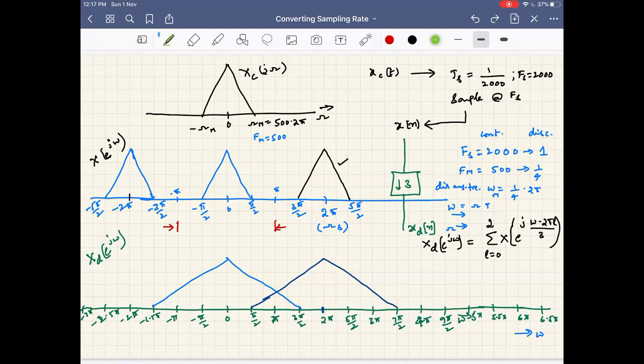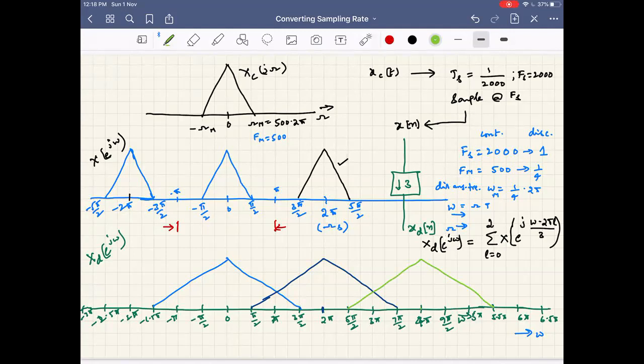So it has to come at 4 pi. At 4 pi, it goes from 4 pi minus 3 pi by 2 to 4 pi plus 3 pi by 2, that is 5.5 pi. Okay, these three are the replicas of the base spectrum, right?